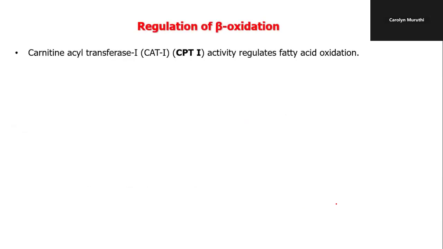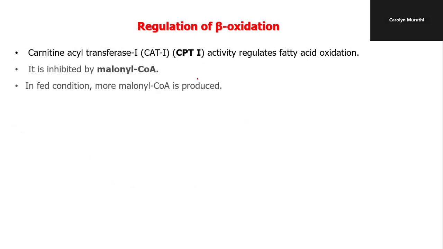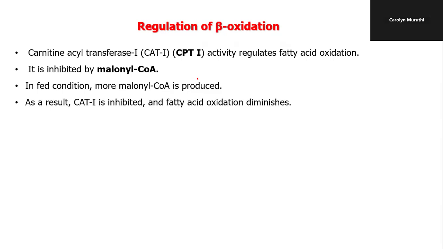It's important to point out that beta oxidation is under regulation, and one of the enzymes is carnitine acyltransferase 1, CAT1, also known as CPT1, which we have seen activates fatty acid oxidation. It is inhibited by malonyl-CoA, because the presence of malonyl-CoA indicates that fatty acids are being synthesized, and this happens majorly in a fed condition.